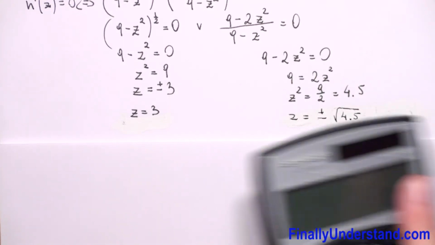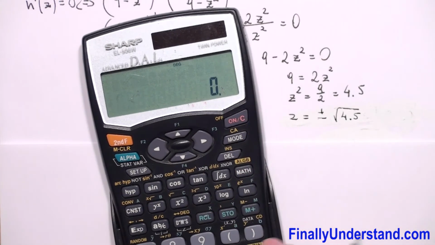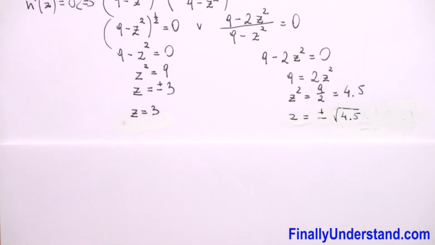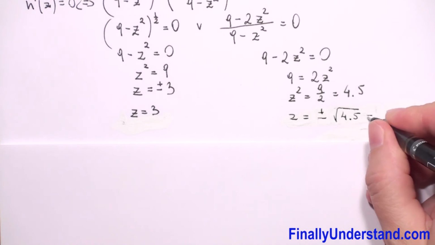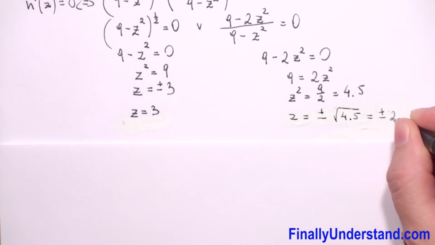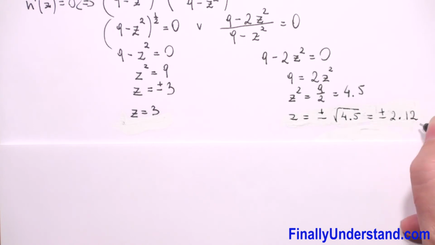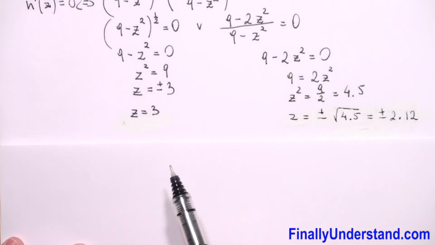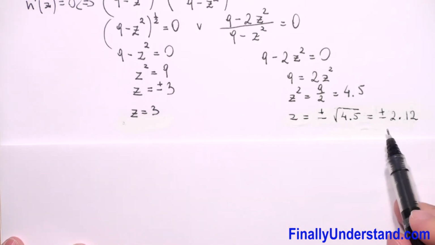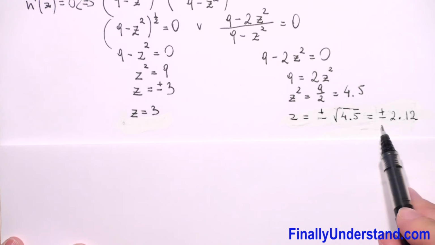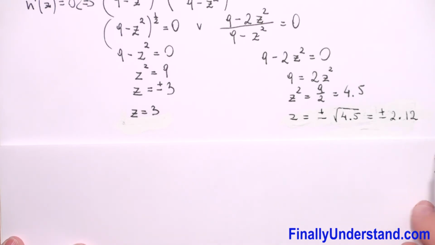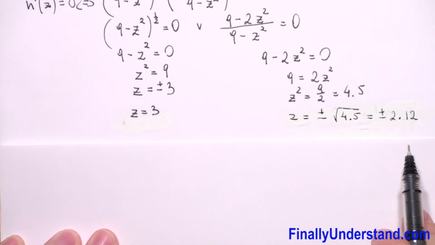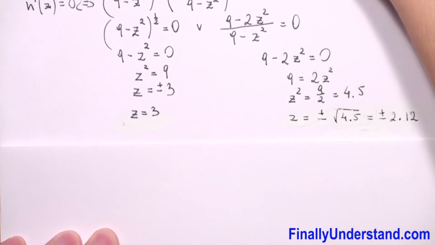Now we can use a calculator. The square root of 4.5 is approximately 2.12. So this is plus or minus 2.12. So we got three solutions for this equation. One is z equals 3, next is positive 2.12 and negative 2.12. Now we have to check if these values belong to our interval.